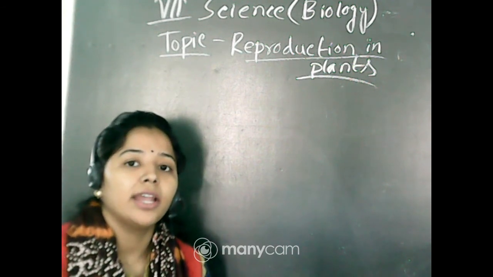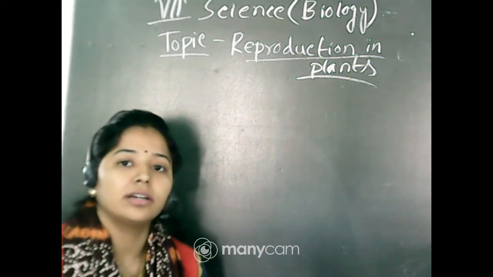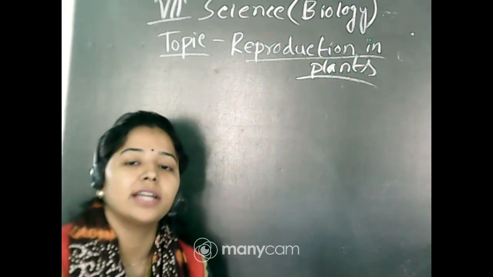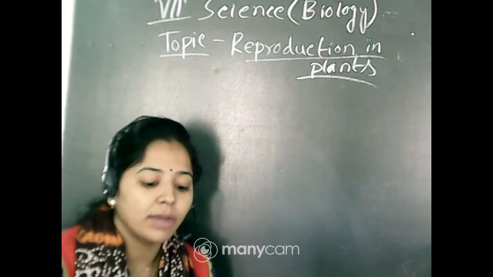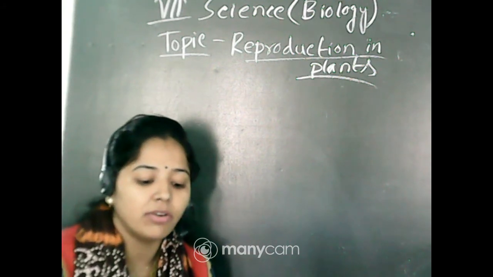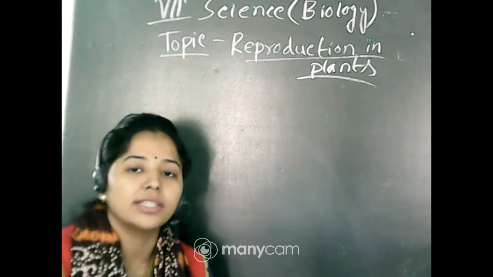Then it happens within a single plant, and that is known as self pollination. If the pollen lands on the stigma of the same flower or another flower of the same plant, it is known as self pollination.